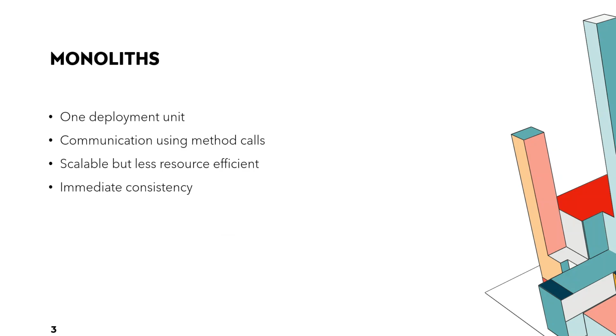All right, so I think everyone has heard already what a monolith application is. That's a big application that has only one deployment unit. So you have communication using method calls. It's scalable, guys, and resource efficient.